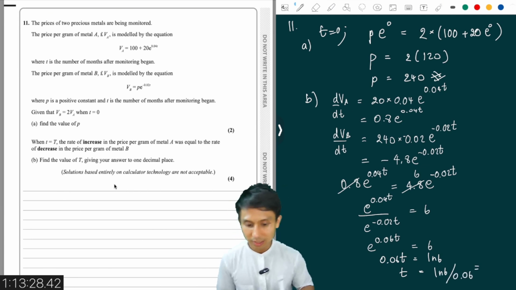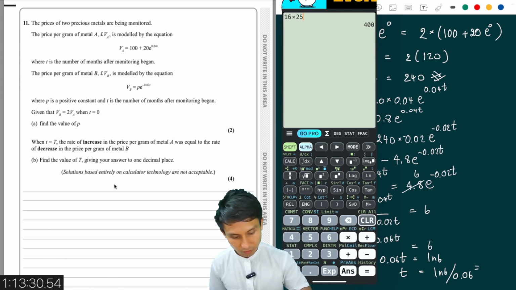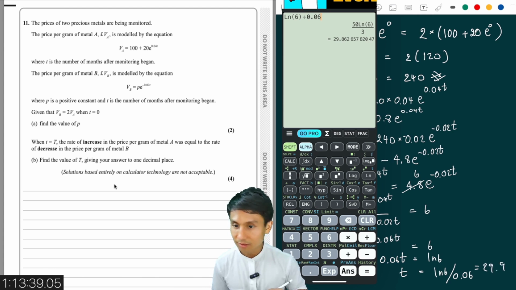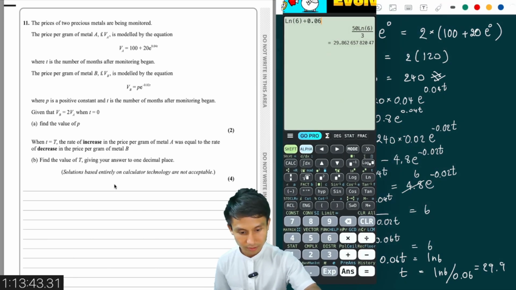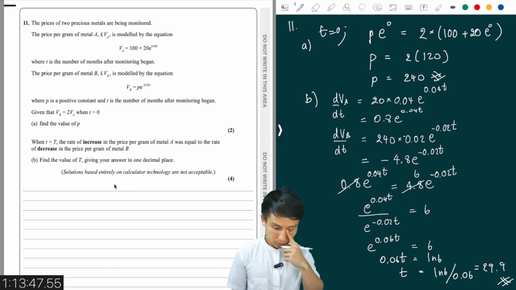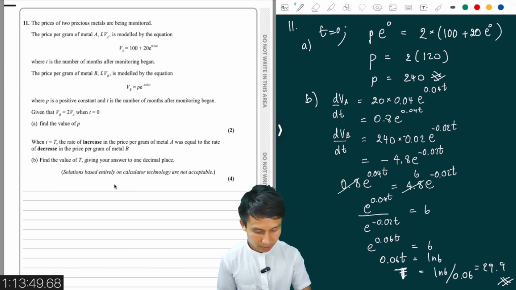Using a calculator, that's 29.9 to 1 decimal place. So that is the big T.